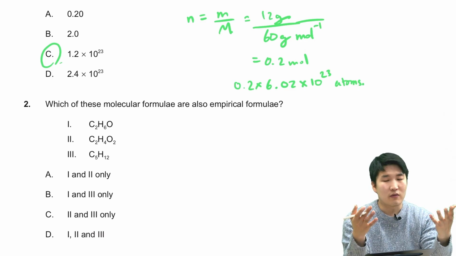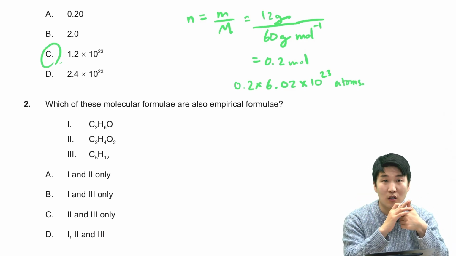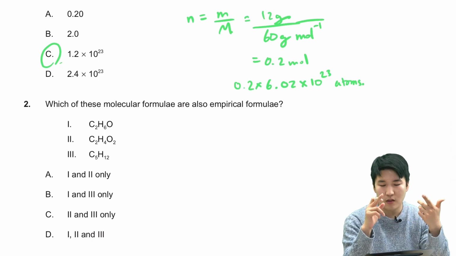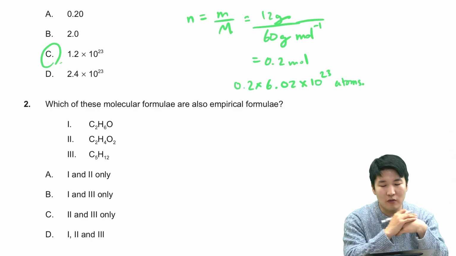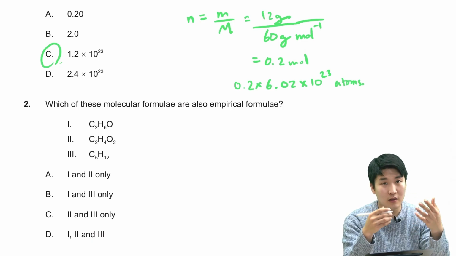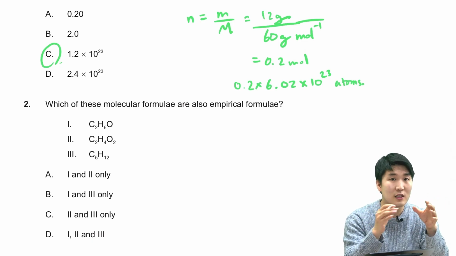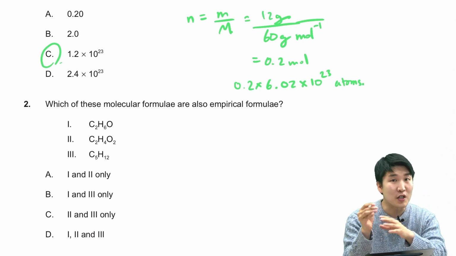Next question is about empirical formulae. What formulae do we have? Chemical formula, molecular formula, empirical formula, structural formula. Empirical formula is the chemical formula with the smallest whole number ratio.